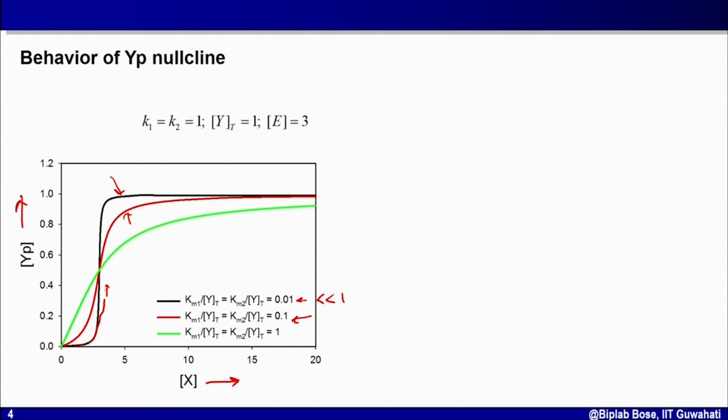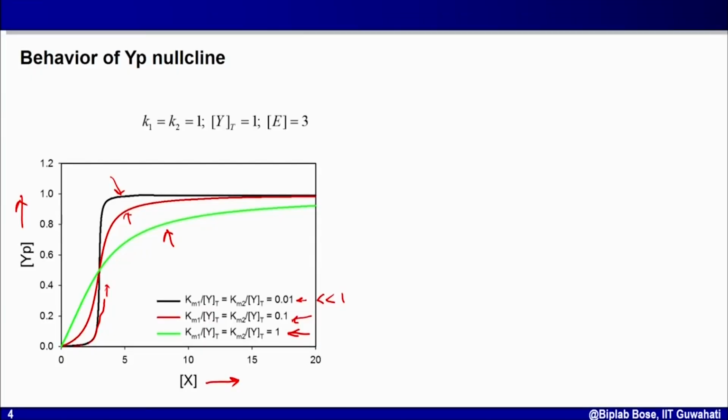But when the Michaelis-Menten constant divided by the total Y is equal to 1, we get this green line which is hyperbolic. So this Yp alkaline keeps on changing the shape from sigmoid to hyperbola depending upon the ratio of Michaelis-Menten constant for these two enzymes divided by the total amount of Y present.